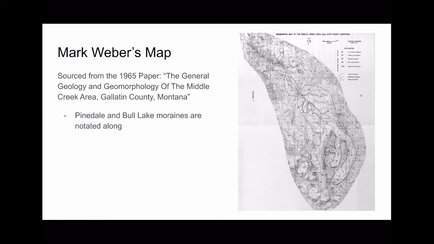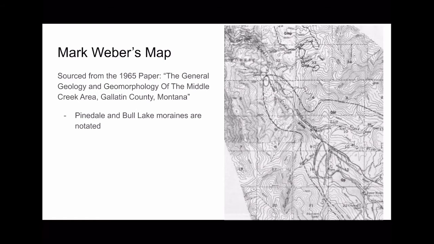We began our project by taking a look at Mark Webber's map he published in the Professional 1965 paper, The General Geology and Geomorphology of the Middle Creek Area in Gallatin County, Montana. In his map, he notates the different glacial deposits. Most specifically, we're interested in the Pinedale and Bull Lake moraines. He has them notated here.